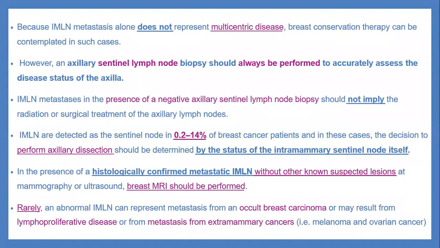What does it mean? If the patient has a metastatic intramammary lymph node, but imaging of the axilla doesn't show suspicious adenopathy, they will go for sentinel lymph node biopsy to make sure whether the axilla is involved or not. And there are two situations.